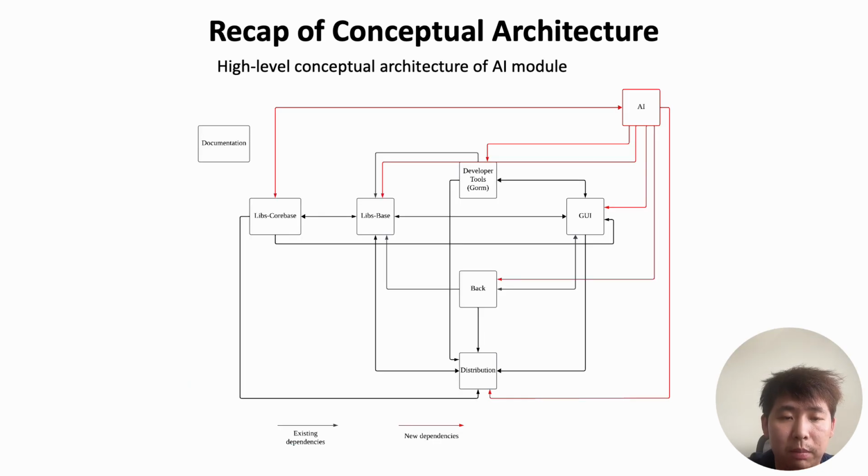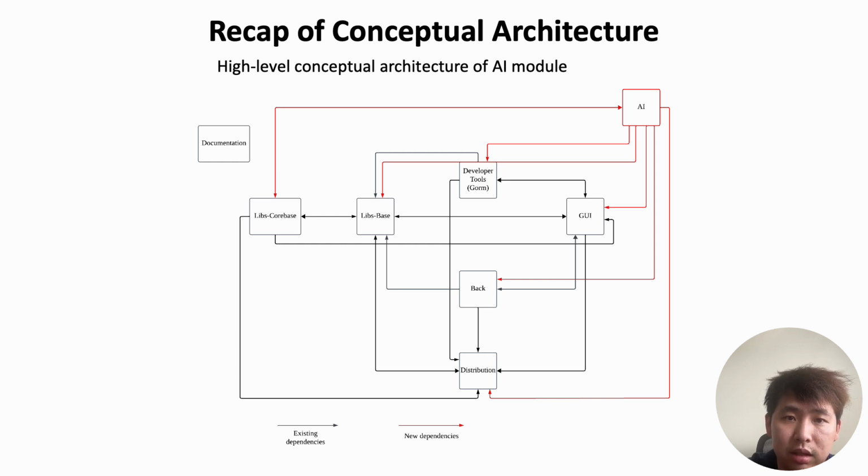Now we're going to talk about the high-level conceptual architecture of the AI module. Our AI code assistant integrates with developer tools like GORM to provide real-time code suggestions based on UI layouts and project data. It interacts with different system layers, using Base for file handling and concurrency, GUI classes to display suggestions, and Core Base for data processing and encryption.